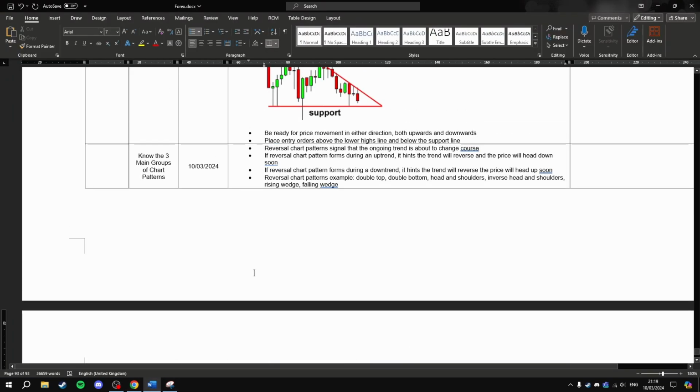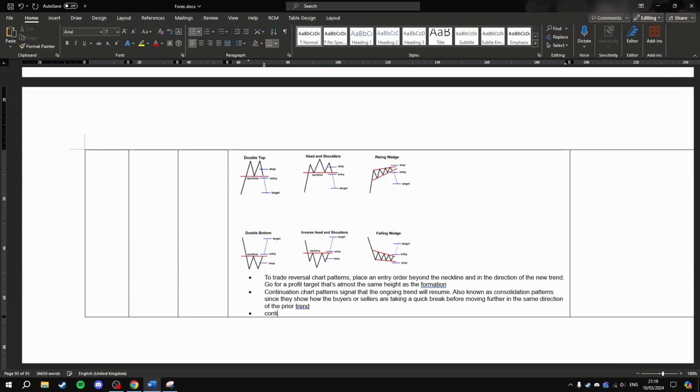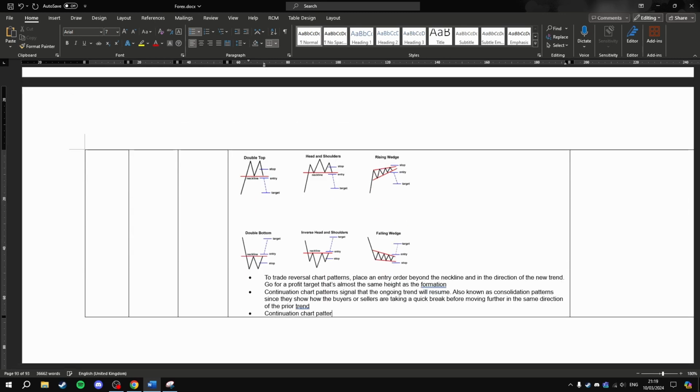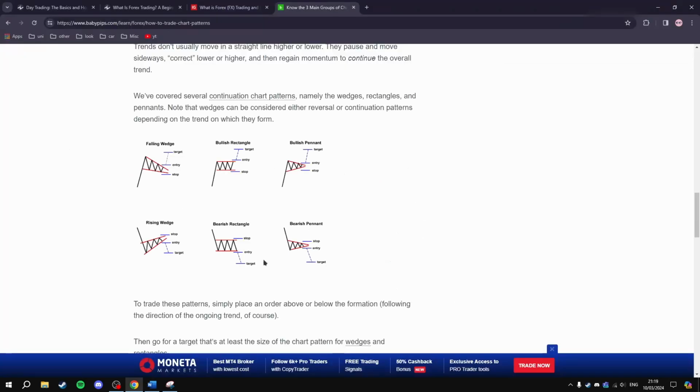So, continuation chart pattern examples.